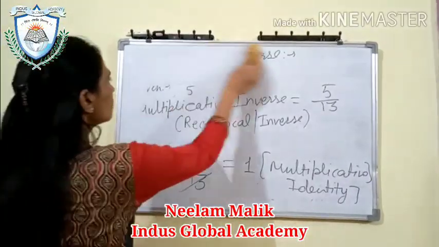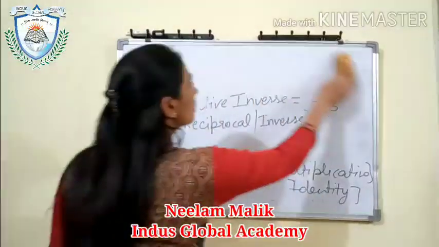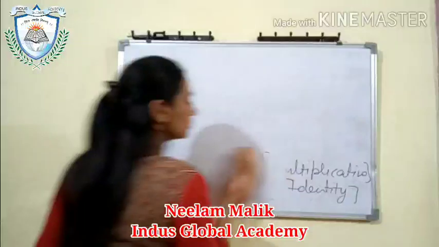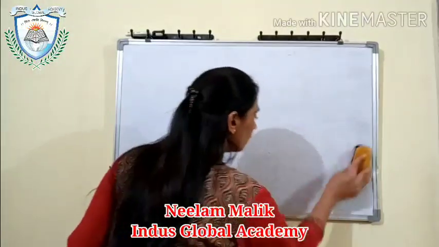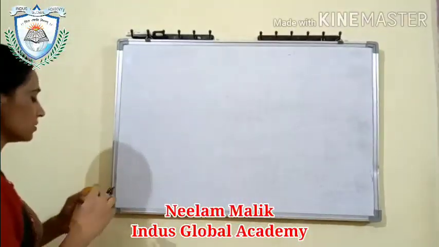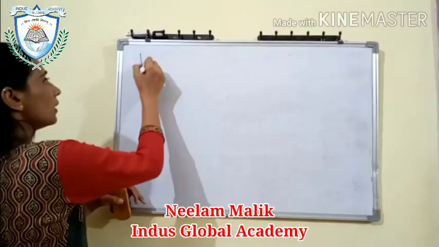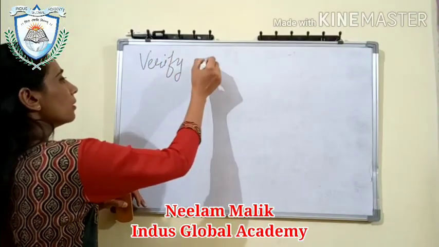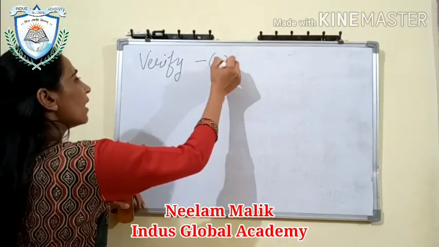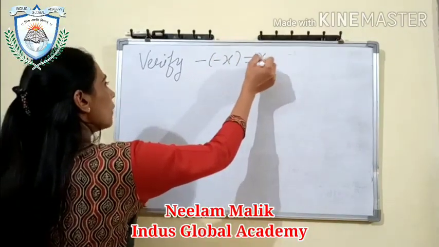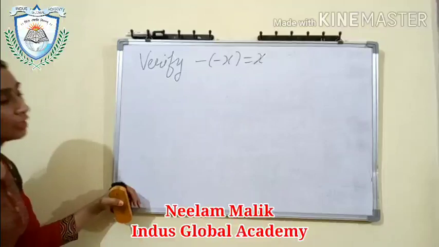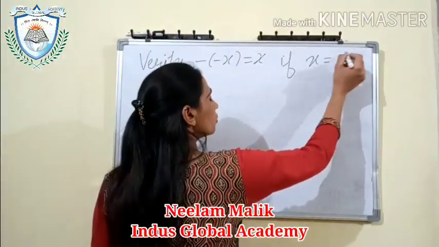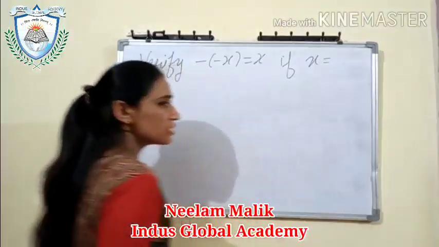Okay. So next we will do some examples related to this chapter and whatever we have done here. So the first one is where you have to verify minus of minus x is equal to x. If x is equal to any number, you can take any rational number.